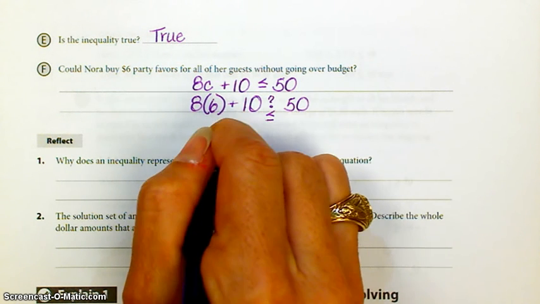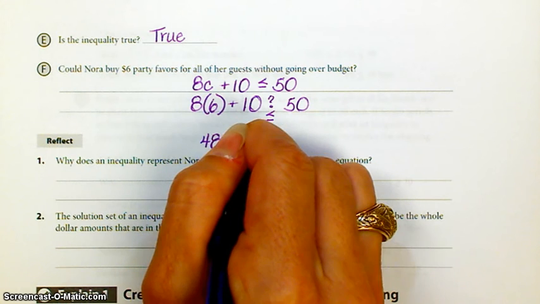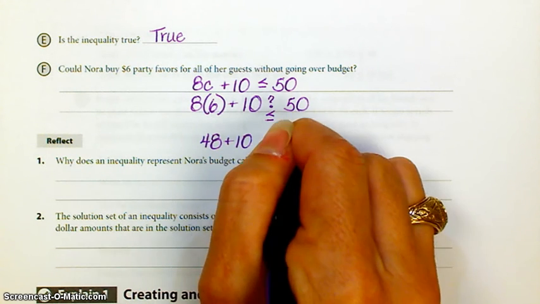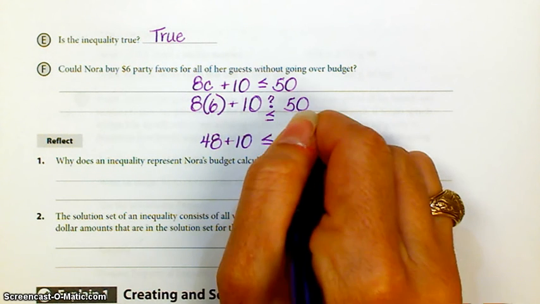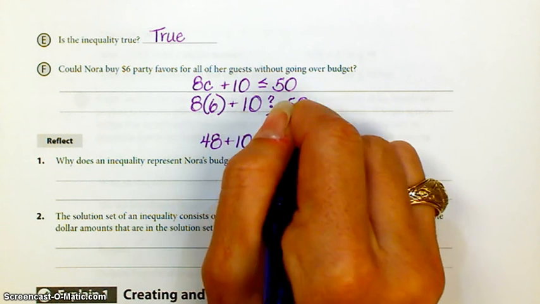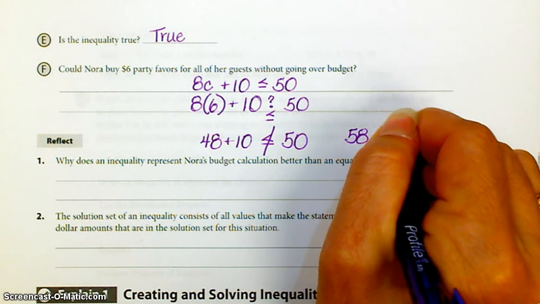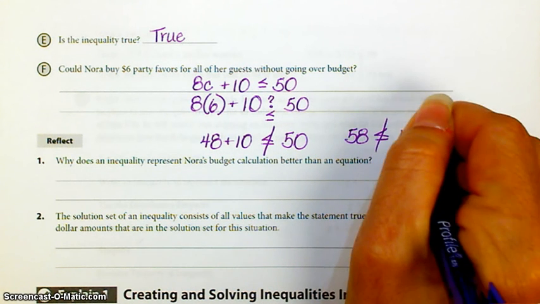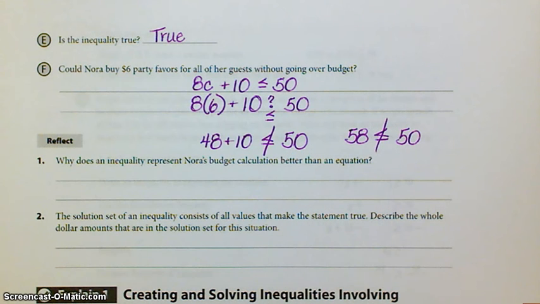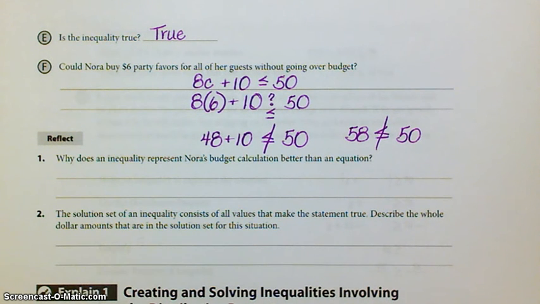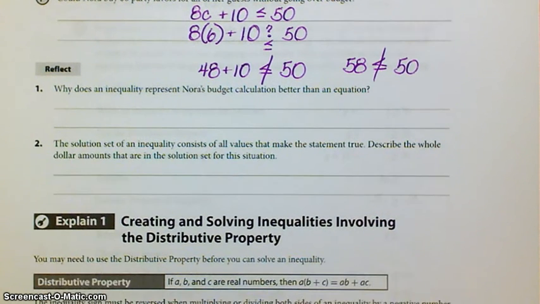Well, 8 times 6 is 48. 48 plus 10 is 58, and that is too much because 58 is not less than or equal to $50. So, can she buy $6 party favors without going over budget? No. $6 party favors would put her over budget.